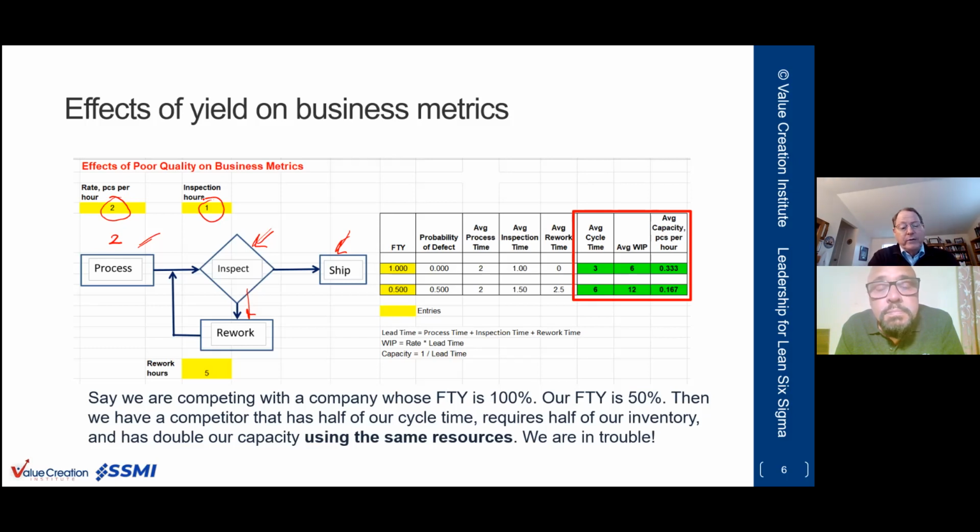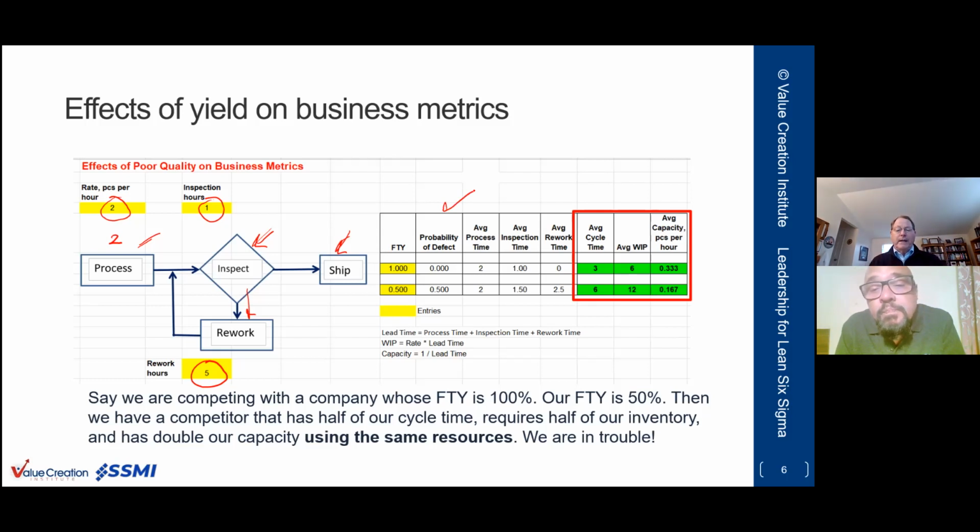And then if we do have to rework it, it takes a lot more time from the unit's perspective because it doesn't get worked on right away. It gets set aside and people will eventually get to it to rework it. So all of these numbers I have circled are built into this little matrix, really just a calculation table there.